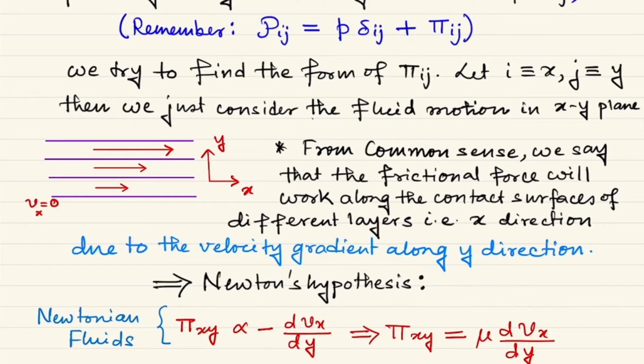So in a sense, friction, the viscous effect, is something which tries to kill the reason of its generation, right?